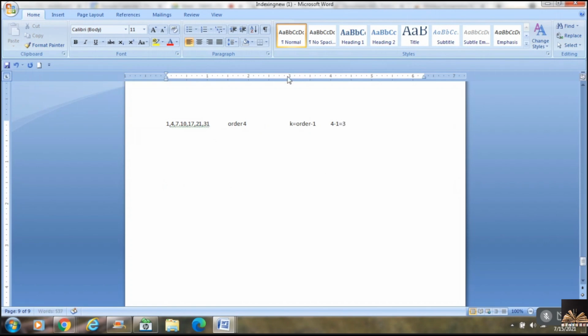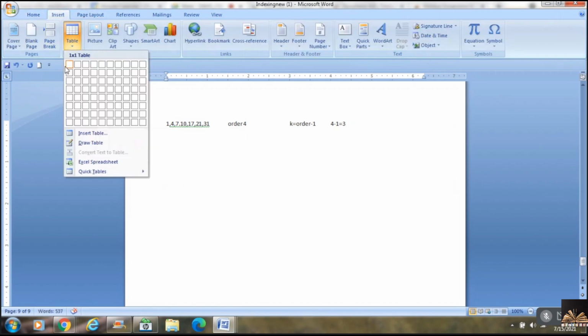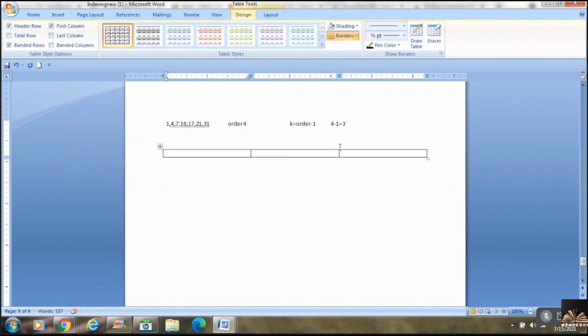So I have to create a node that holds 3 elements. This is the node of your B plus tree. It is divided into 3 so that it can store 3 keys.